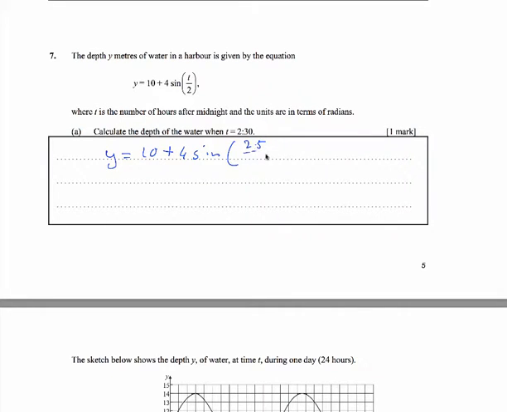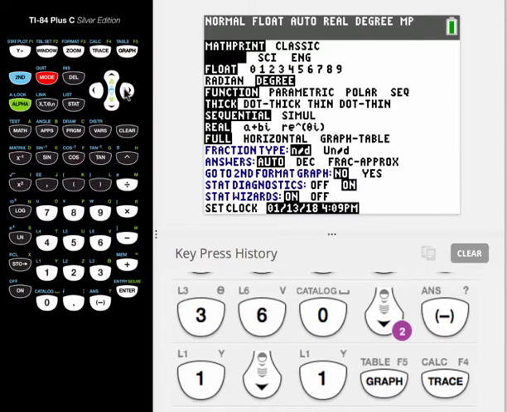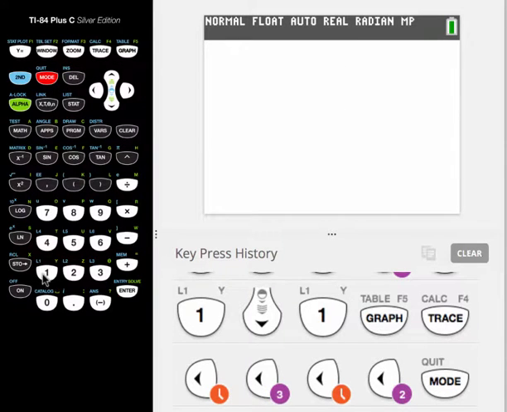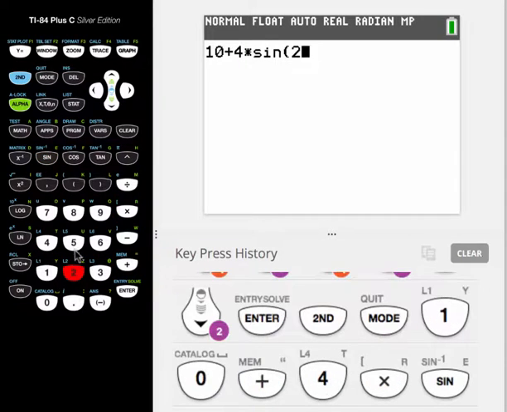Let's put it in my calculator, because who knows what this is. I need to be in radian. Then 10 plus 4 times sine of 2.5 divided by 2.